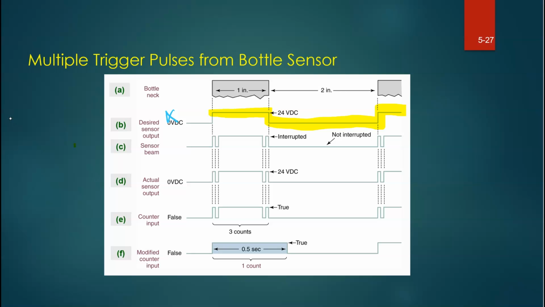But sometimes, due to the operating margin of your sensor or some noise or some problem in the environment, some vibration, we might see a signal like this. At the beginning and at the end, when the bottle is passing in front of the sensor, we might see some rapid transitions from 0 to 1 and back to 0, because the sensor is not confident whether the object is in front of it or not.